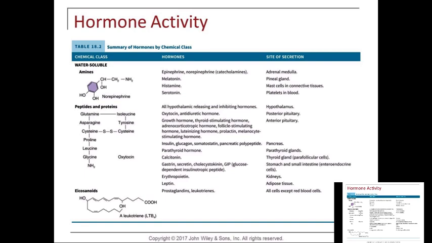The pancreas releases insulin, glucagon and somatostatin. The parathyroid glands produce PTH, the thyroid gland produces calcitonin, the stomach and small intestine through the enteroendocrine cells produce gastrin, secretin, CCK, the kidneys produce erythropoietin, and your fat cells produce leptin. So those are all the peptides and the proteins.